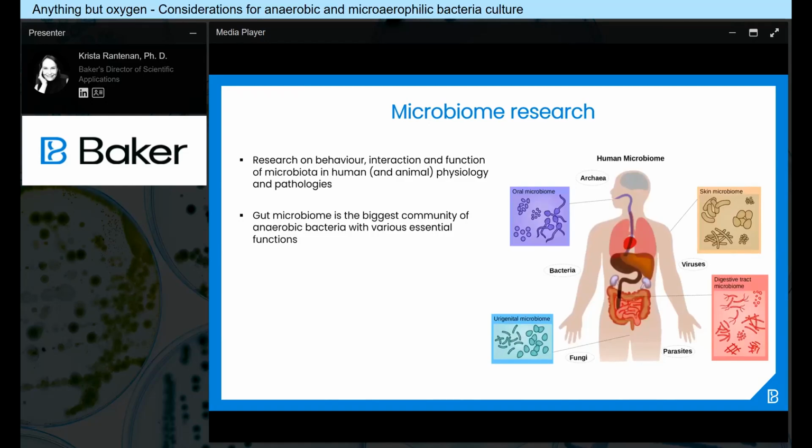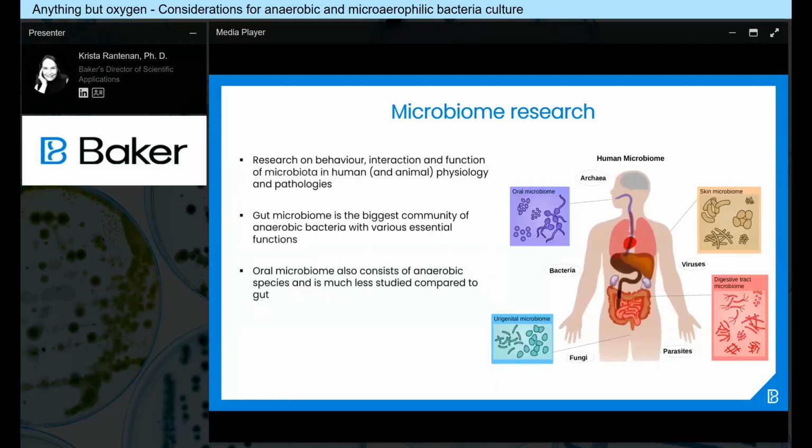So the gut microbiome is the biggest community of those obligate anaerobes, and they have various very essential functions in the gut. The gut microbiome is also possibly the most well-studied part of the human microbiome.